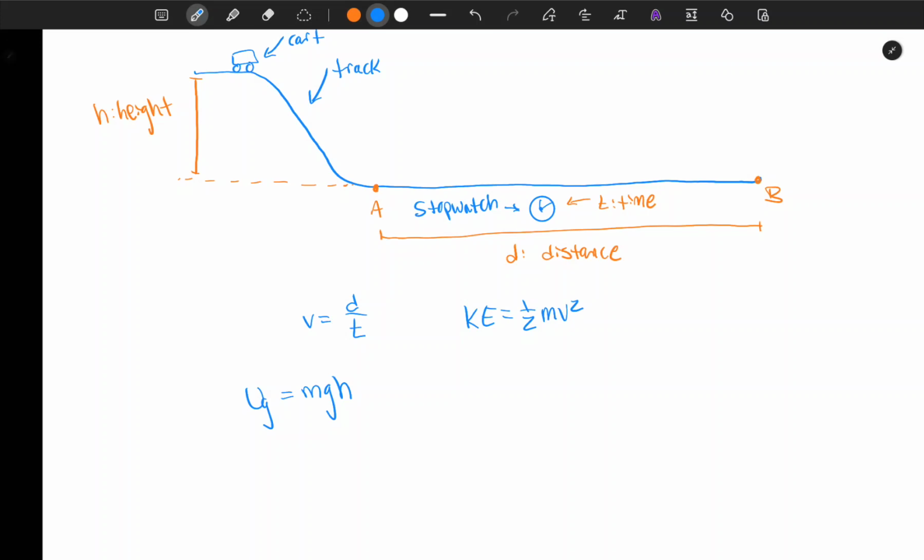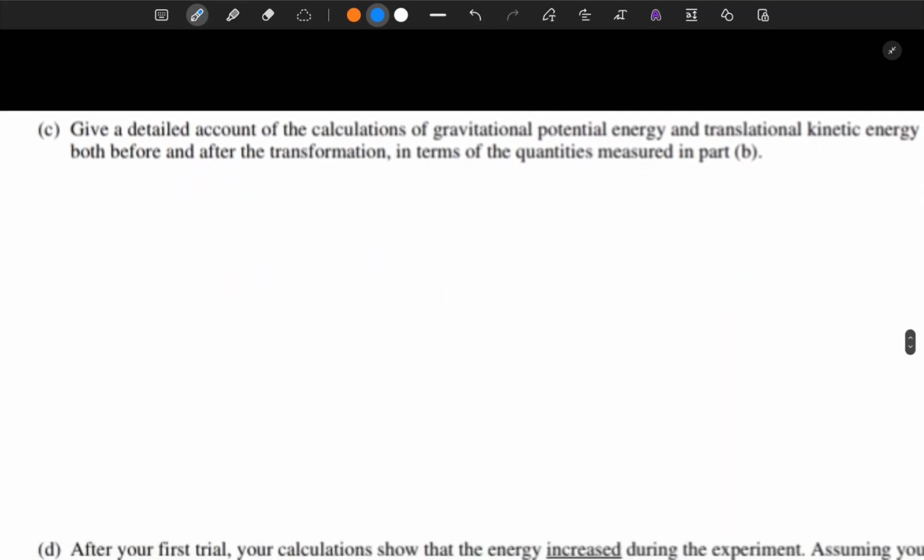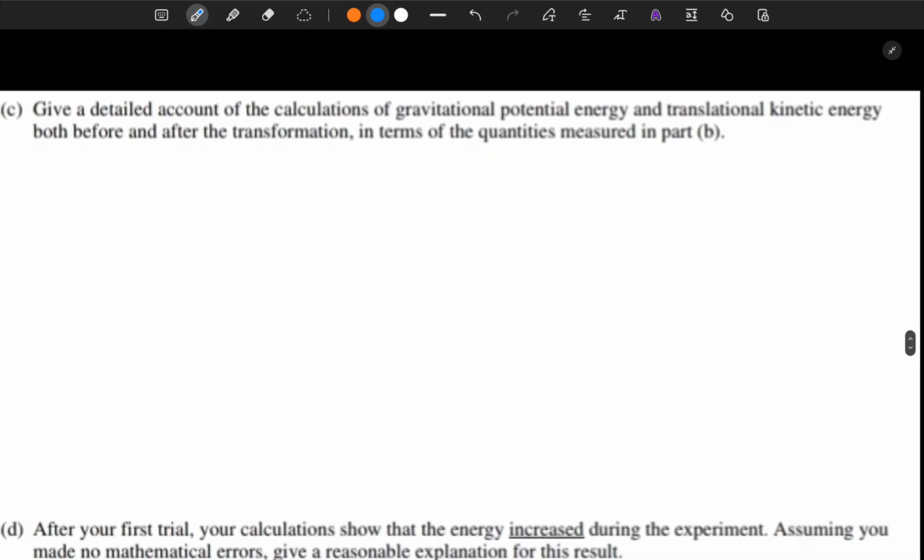Then, let's proceed to the next part of the problem. That is, we wish to give a detailed account of the calculations of gravitational potential energy and translational kinetic energy, both before and after the transformation, in terms of the quantities measured in Part B. Well, let m, the mass of the cart, be unknown, as we have not specified it and we have no way to measure it.